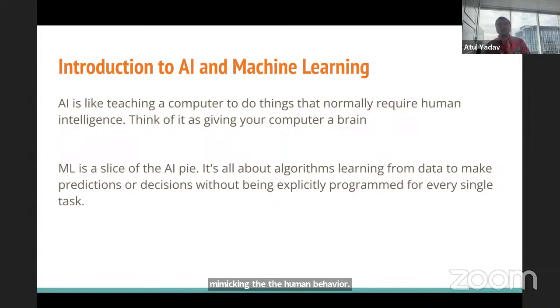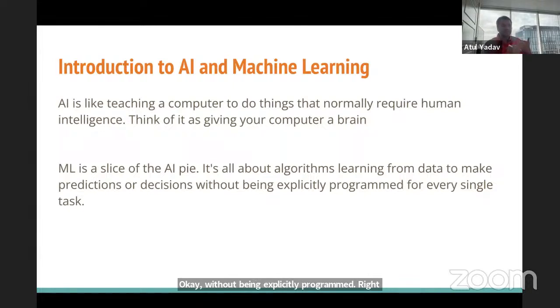Now, when we talk about ML, machine learning. Machine learning is a subset of AI, as Santosh mentioned. It involves teaching computers to learn from data and improve their performance over time without being explicitly programmed.